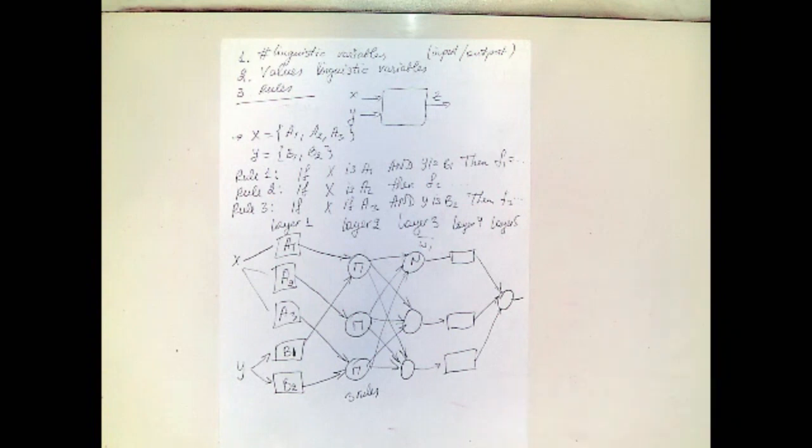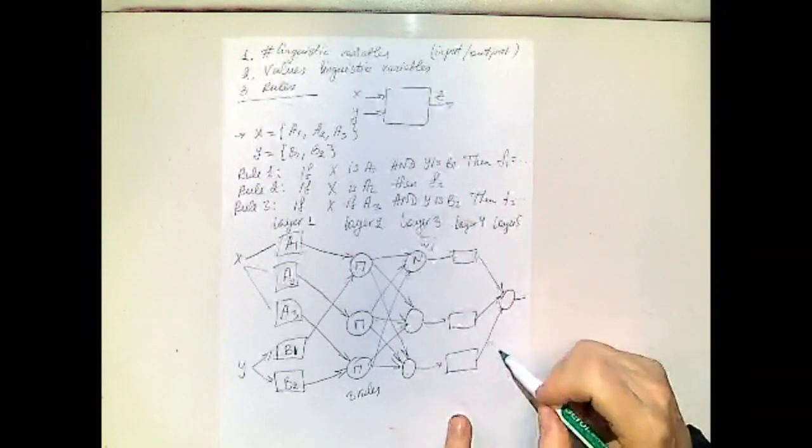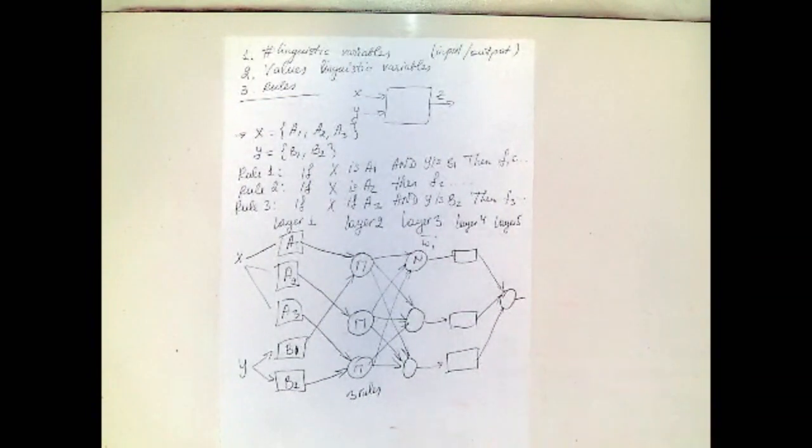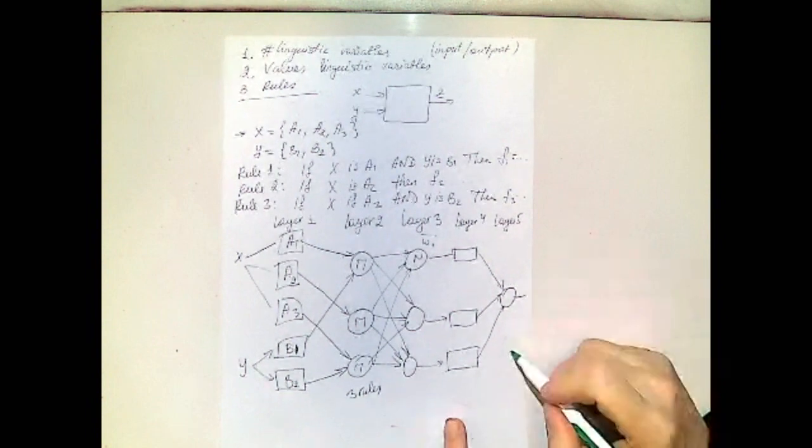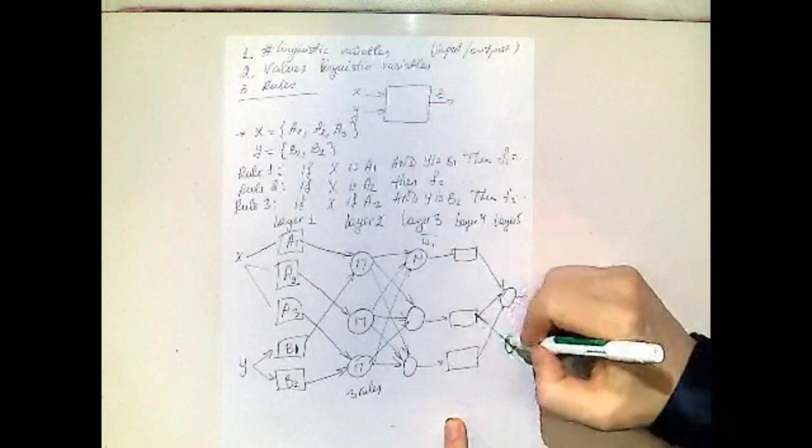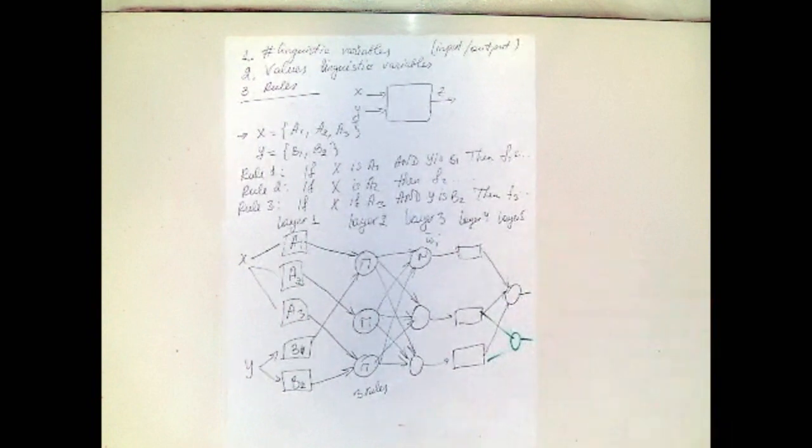Can I just ask, if we are speaking about 2 outputs rather than 1, how will this be modified? You'll have this one, you'll have this one, because it will be normalized outputs coming out.